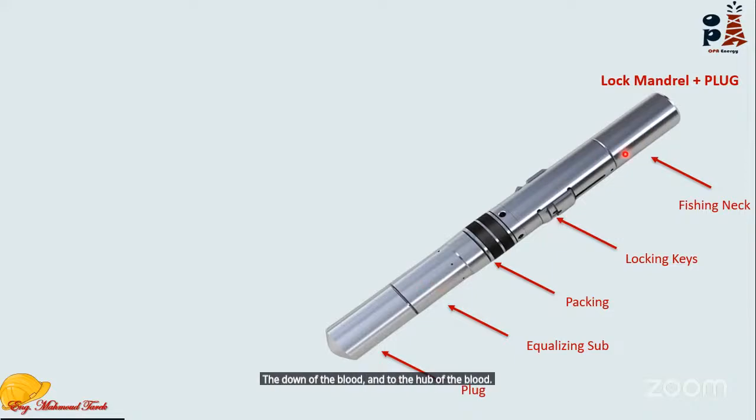By the way, this whole lock mandrel has an ID. It's hollow from inside. And this is the bottom plug, which is a solid plug having no ID, but it's rigid.